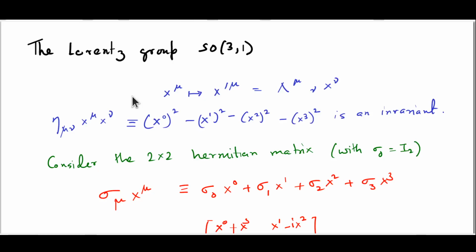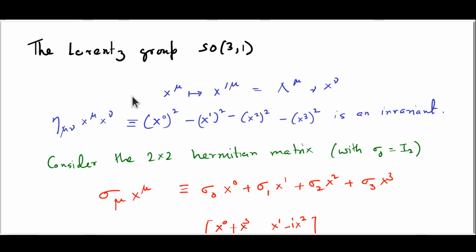From SO(3), let us now turn to another group which is of great importance in physics. This is the Lorentz group, also known technically as SO(3,1). This, as you recall, is a group of transformations which transforms four vectors x^mu, that is x0, x1, x2, x3, to a new four vector x prime mu.